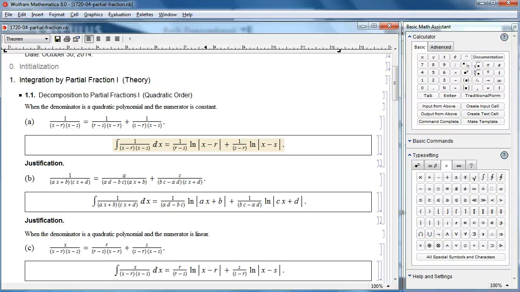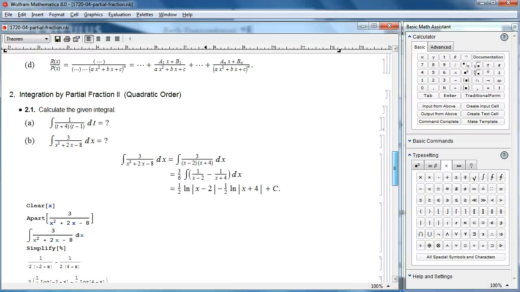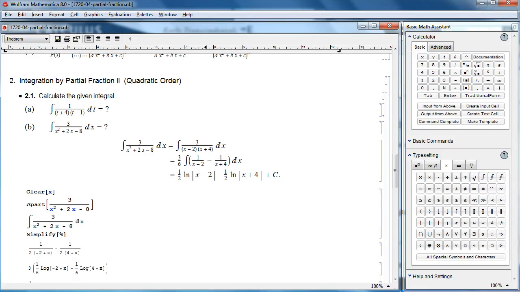What is r minus s in this case? Well, positive 4 minus negative 2, so we have 6. And then, of course, r minus s and s minus r, so we have just a sign change. That's where we have this negative sign. Detail is left to the students, and then in the end, we have these two logarithmic functions.